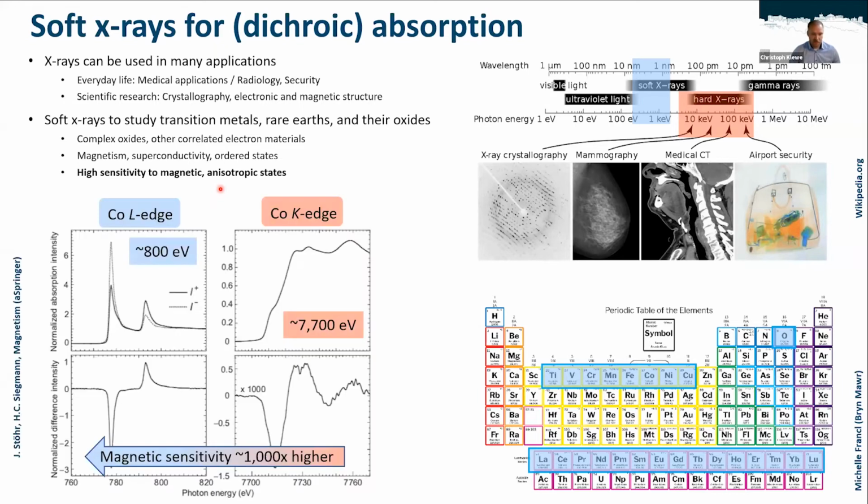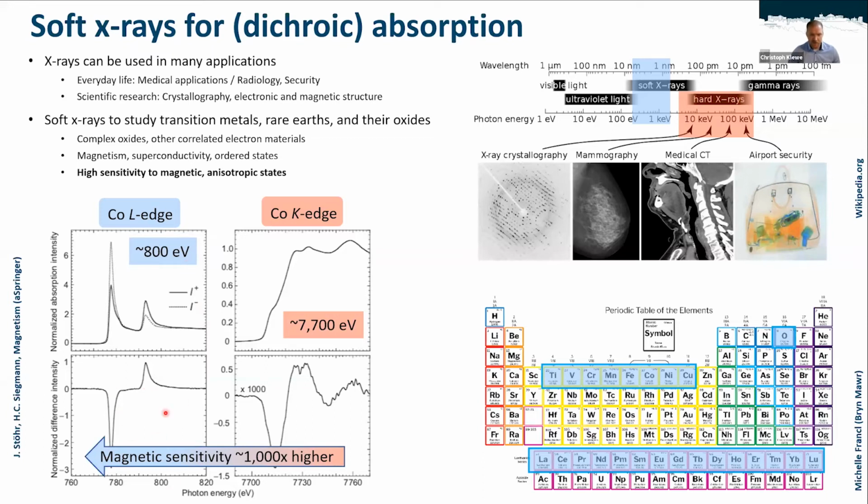For example, if we take a look at X-ray absorption spectra for cobalt, and we compare the magnetic signal, in this case on the left-hand side, the cobalt L edge was measured in the soft X-ray range around 800 electron volt.